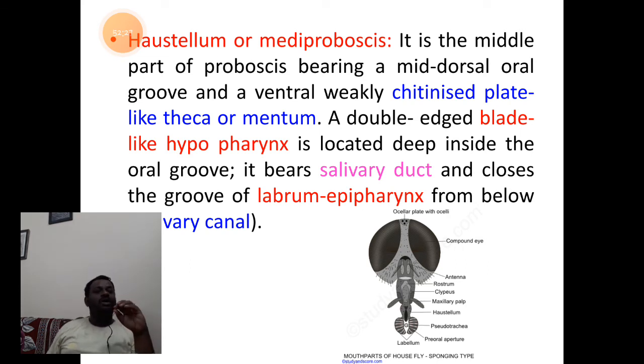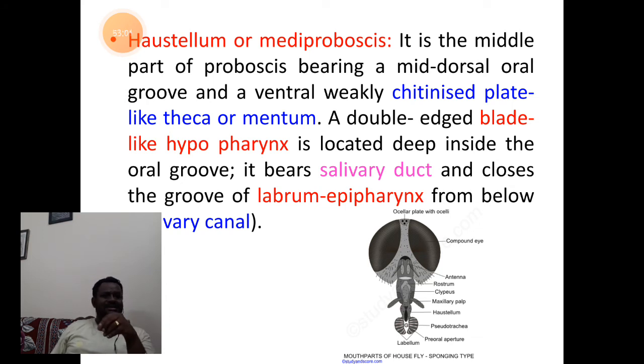The middle portion we call haustellum or mediproboscis. It is the middle part of the proboscis structure. Here, it consists of a mid-dorsal oral groove and a ventral weakly chitinized plate called mentum. I repeat, the proboscis structure in the middle region, we call haustellum.